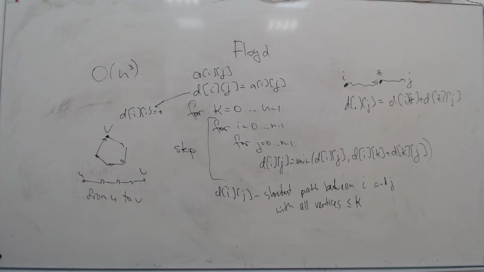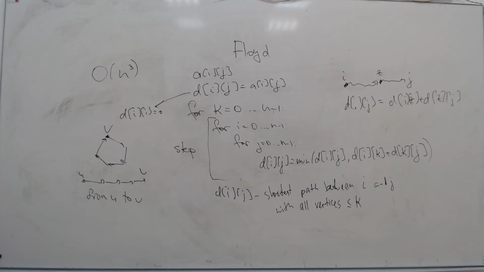So what we store is some kind of a matrix, and it is n times m. Okay, from the vertex to the vertex.